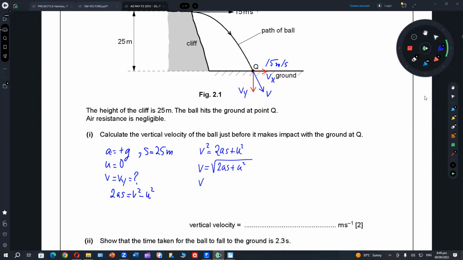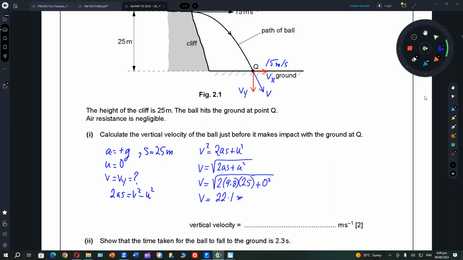There's the answer, 22.1. Okay, let's see what other people are getting. Two people are saying 22.1, so I think 22.1 should be the right answer.